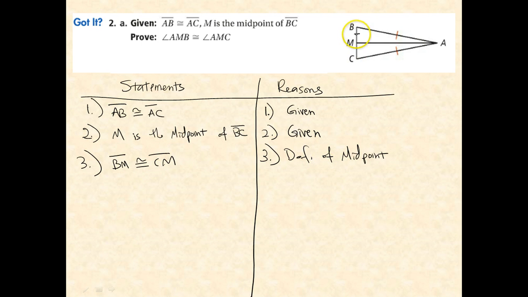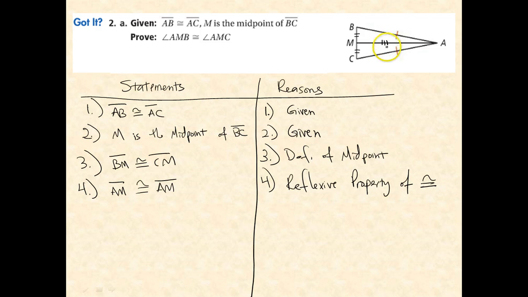So let me make little marks here that say BM is congruent to CM. And then what do I know about segment AM? I know that segment AM is congruent to itself by the reflexive property of congruence. So I'll make 3 little marks to show that AM is congruent to itself.